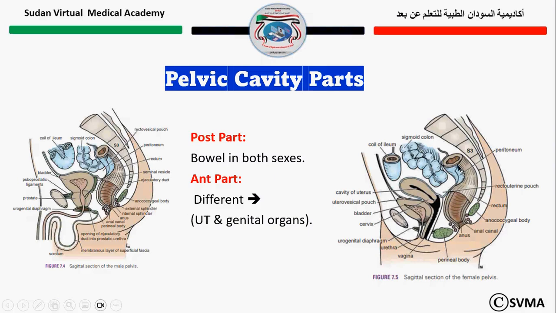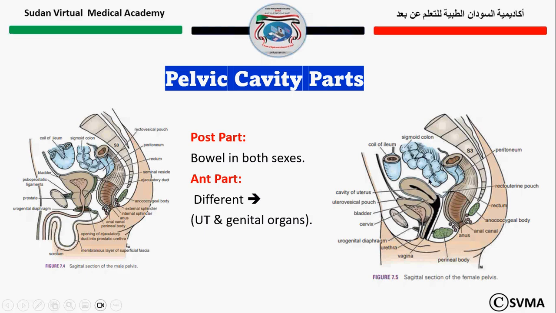If you see here, this is the sigmoid colon. In the male, you have the bladder straight away, but in the female, the genital system goes between the digestive and the urinary system. Therefore, instead of having the bladder like in the male, the uterus and the upper part of the vagina intervene between the sigmoid colon and the bladder.